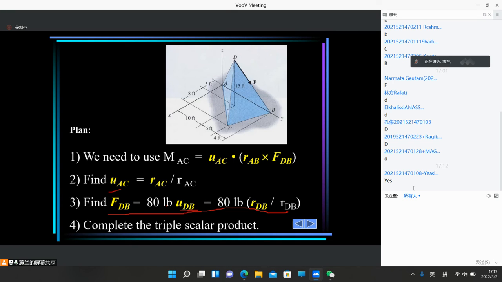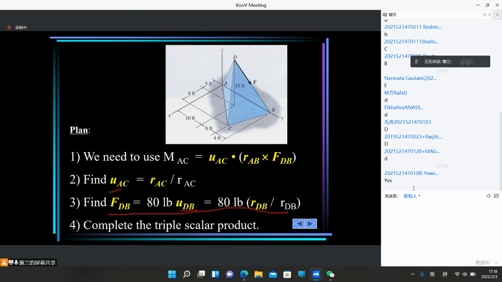If we choose A, that means we calculate the moment of F about point A, which will be equal to the position vector RAD cross F, or RAB cross F.